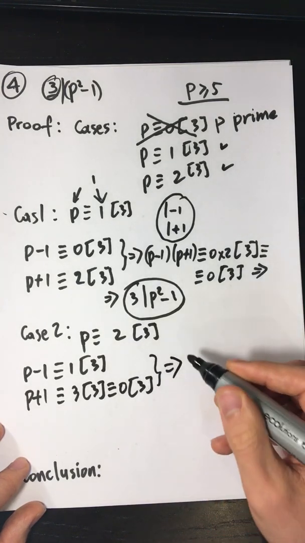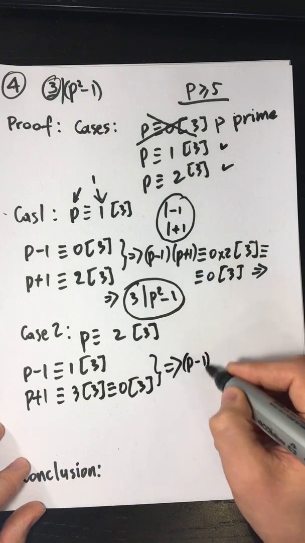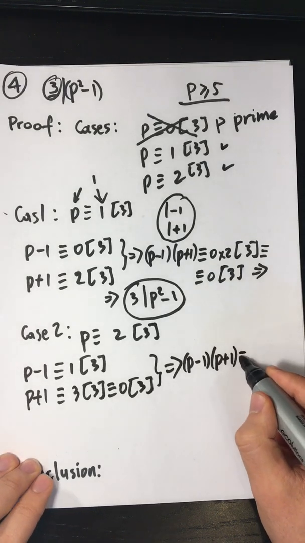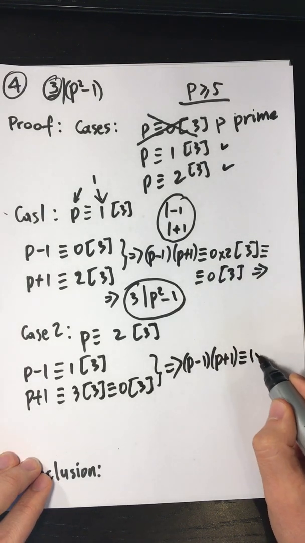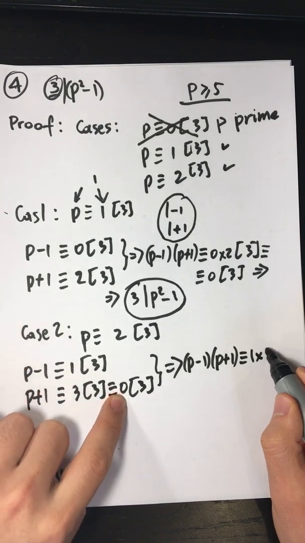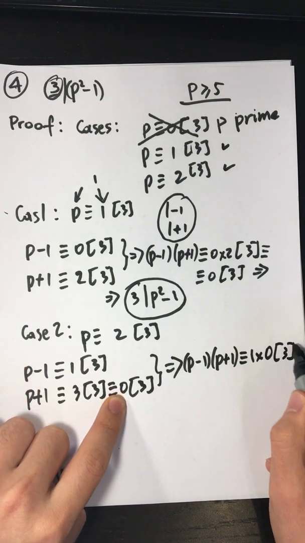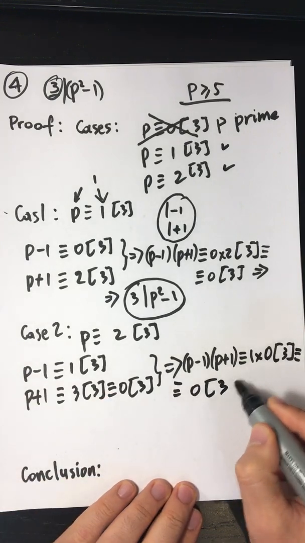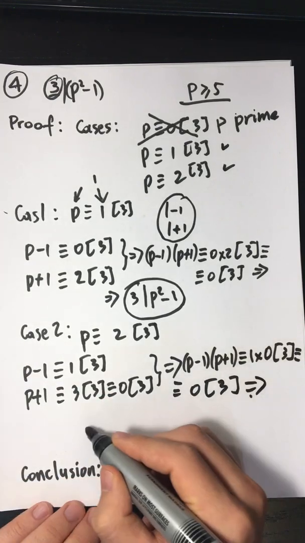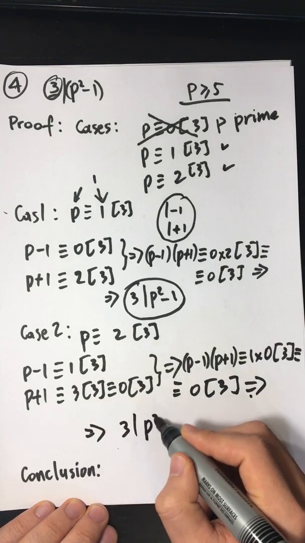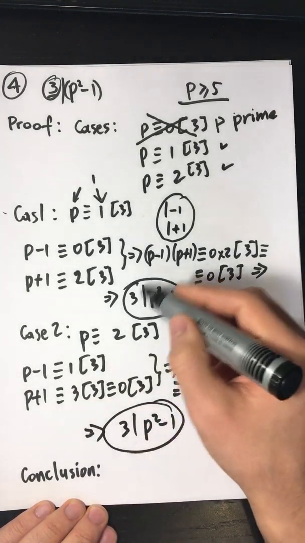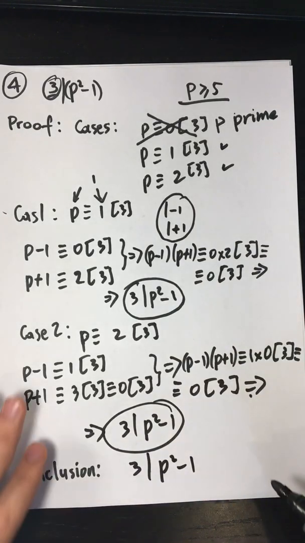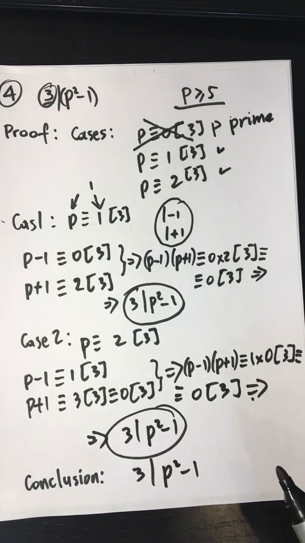Based on this, p minus 1 times p plus 1, I'm multiplying both of them: 1 multiplied by 0, mod 3, 0 mod 3. This means that 3 divides p squared minus 1. Based on this case and this case, you can conclude that 3 divides p squared minus 1. Whew, okay, that's it. Next.